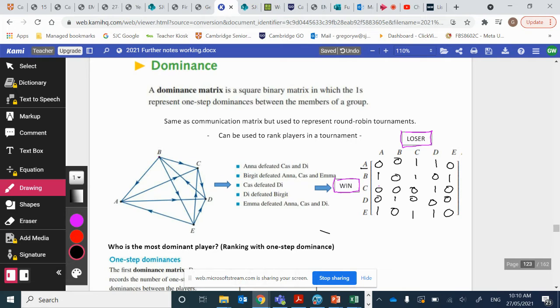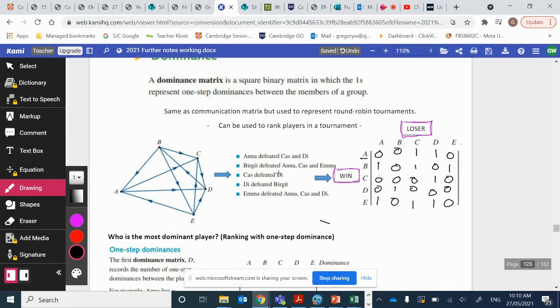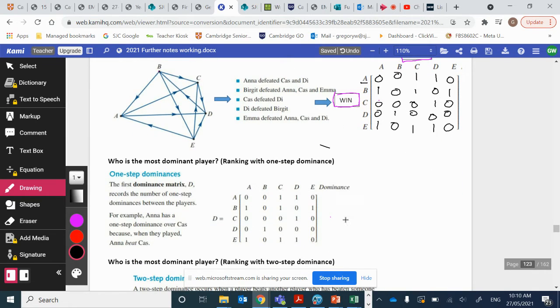So adding, we always add the rows, tells us how many direct victories that player had. Now, when we look at that, we call this one-step dominance. When we think about the dominance, well, this guy's had 2, this guy's had 3 victories, this guy's had 1, and then this has had 3.